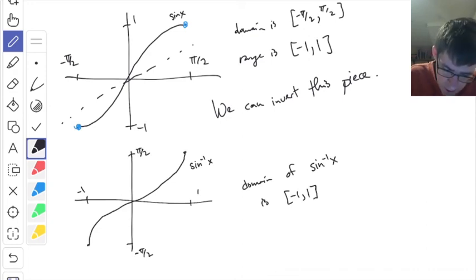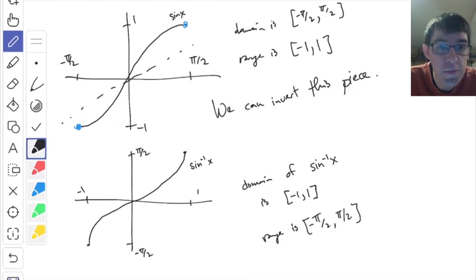And then the range is minus pi over 2 to pi over 2 if you're using radians; if you're using degrees, it would be negative 90 to positive 90 degrees. Unfortunately, this means you have to make sure your calculator is in radians mode. We're pretty much always going to use radians in this class. Radians versus degrees will affect the answer of the inverse sine button on your calculator.